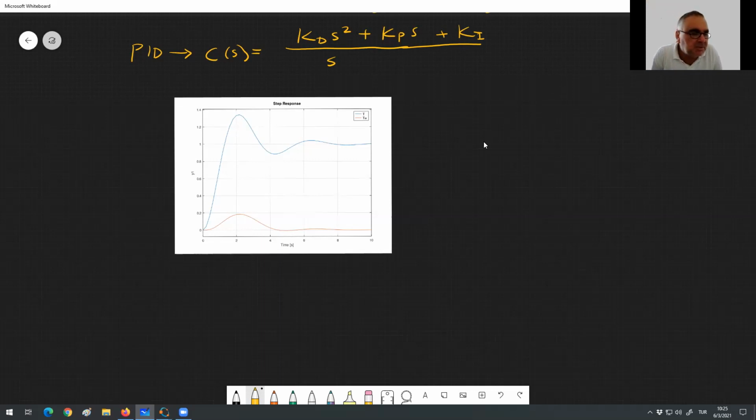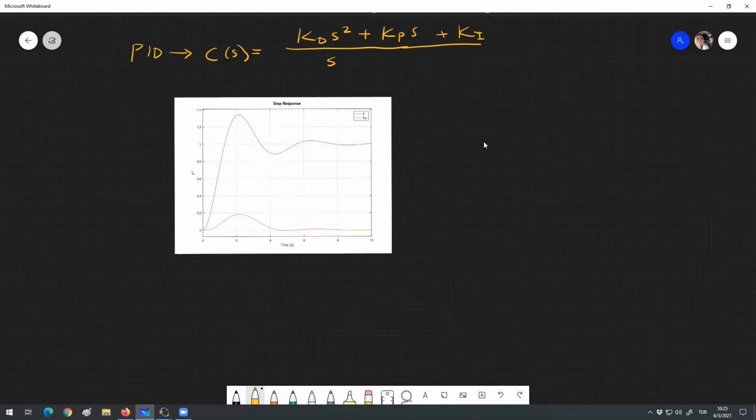Certain measurements might be very noisy, like pressure measurements or so, in which case the derivative action increases that noise and makes the system behave worse. So in these cases, you try not to use derivative action. But for example, in cases like temperature control, where you have little noise on the system, you usually use the derivative term.